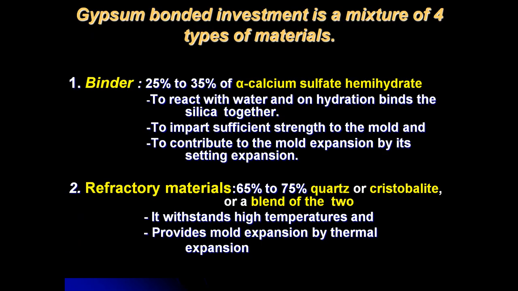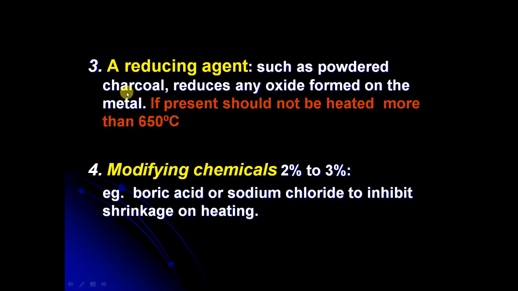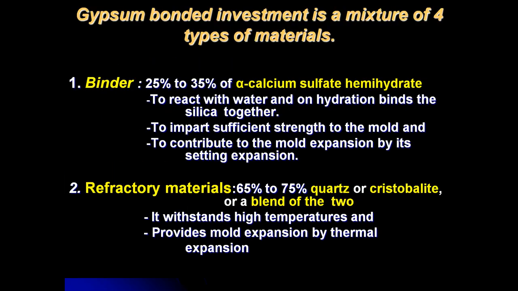Now coming on to the gypsum bonded investment, it is a mixture of four types of material: the binder, the refractory material, a reducing agent and modifying chemicals.